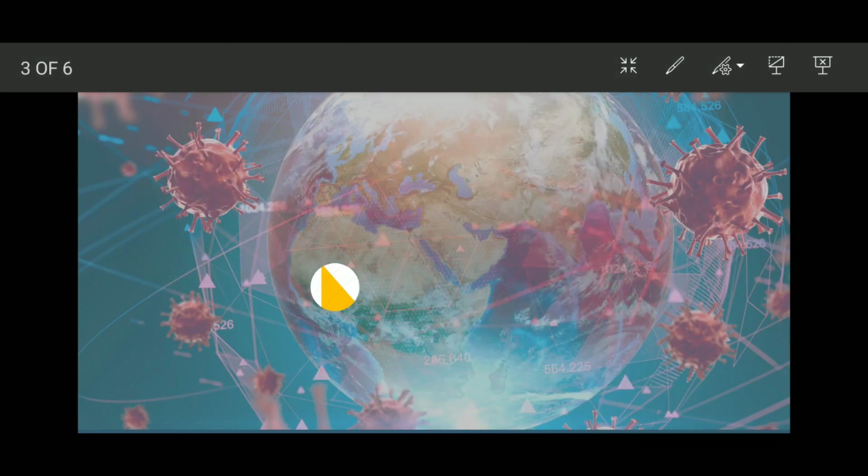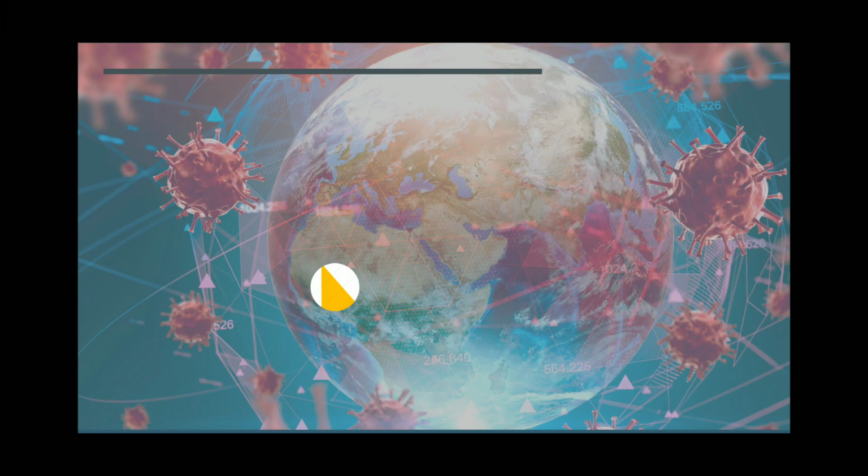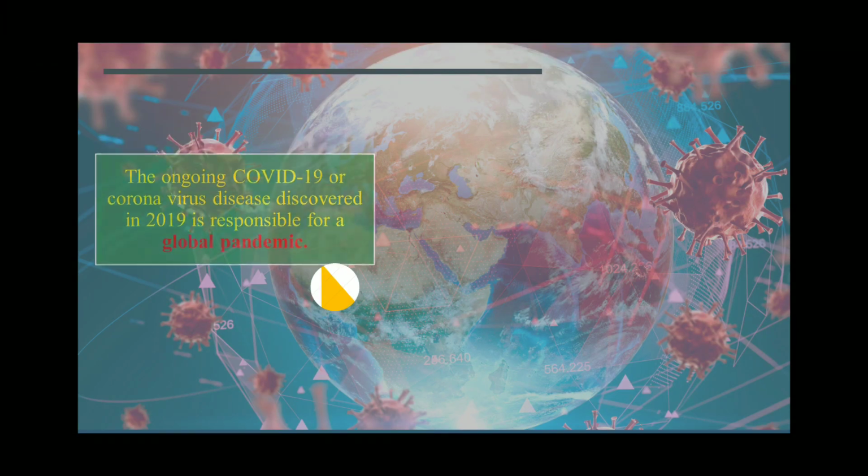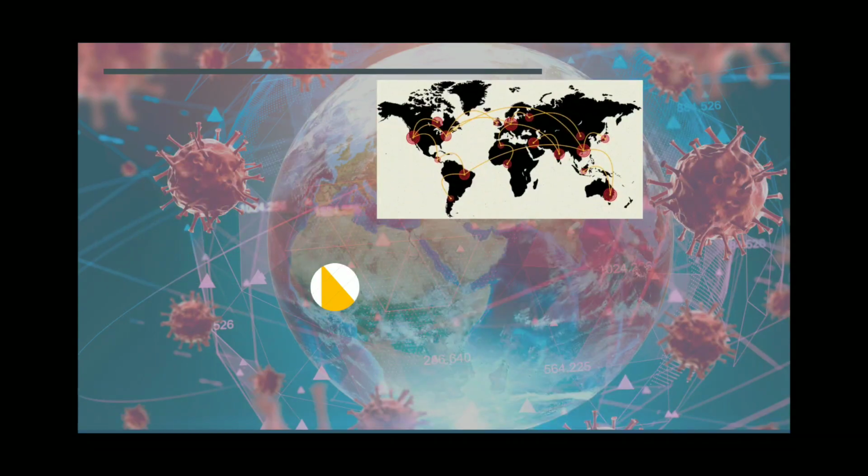See in this photograph also, you can see how this disease is transmitting from one country to different countries. So this is called pandemic because it is acquiring the whole world, right?